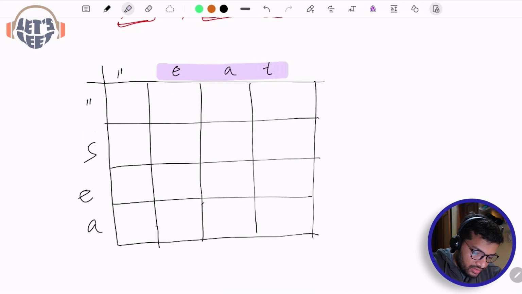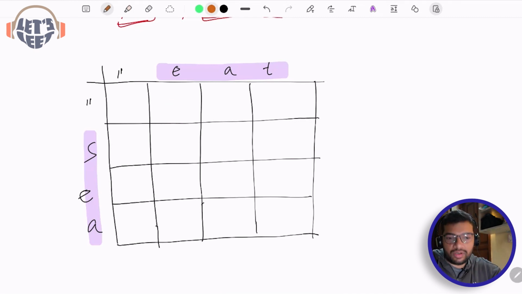This is "eat", this is "sea". The reason behind writing these characters in this way is we will treat each cell as an independent subpart, and each cell will represent the cost, or the sum of the ASCII values, of deleting the minimum number of characters to make those prefixes equal.